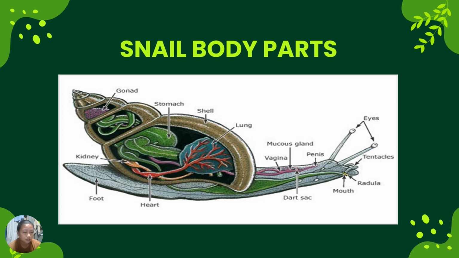The shell protects the snail's internal organs. The eyes are located in the upper tentacles at the tip, and the tentacles are used for the snail's hearing. The mouth is for tasting and eating, and the radula is the teeth. Later on, you'll know why there is a vagina, a penis, and a dart sac in a snail.